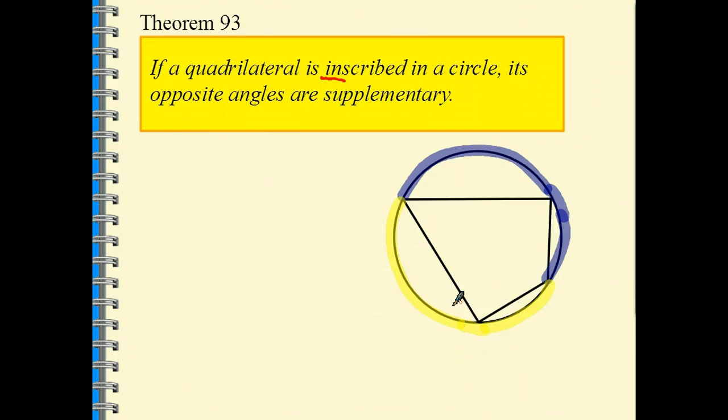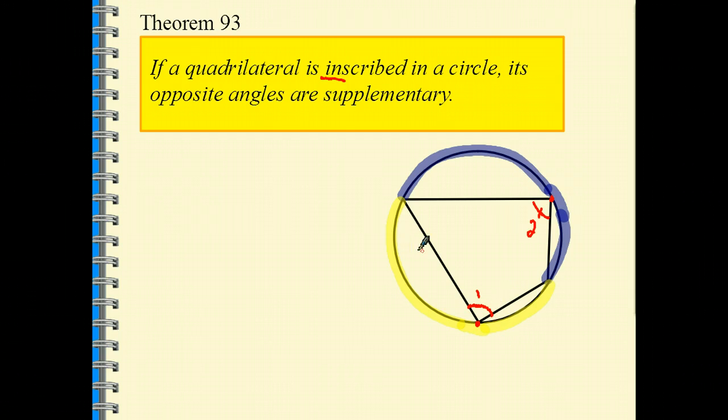Well, let's prove this to ourselves. Let's say that this angle right here, we'll call it angle 1, and this angle we'll call angle 2. So using some information that we had from a few sections ago, we know that when an angle has its vertex on the circle, such as these two angles do, the angle measure is just half the intercepted arc.